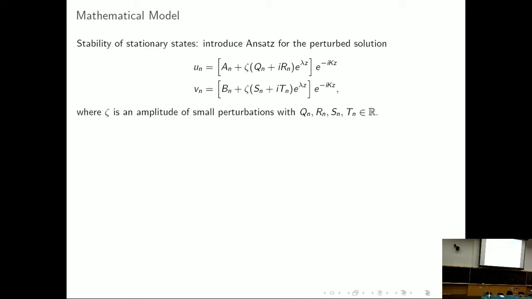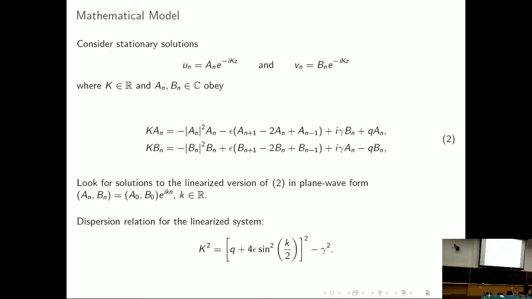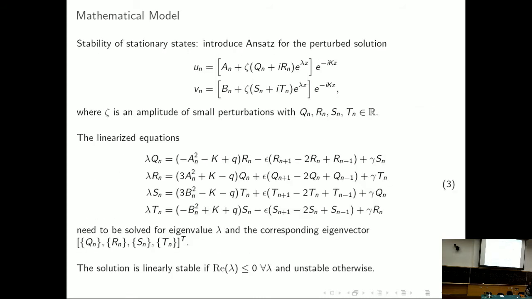Now we have the general stability. So again we take that ansatz, an e^(-ikz), and then you do another perturbation, and you substitute into that equation, then you get a system.